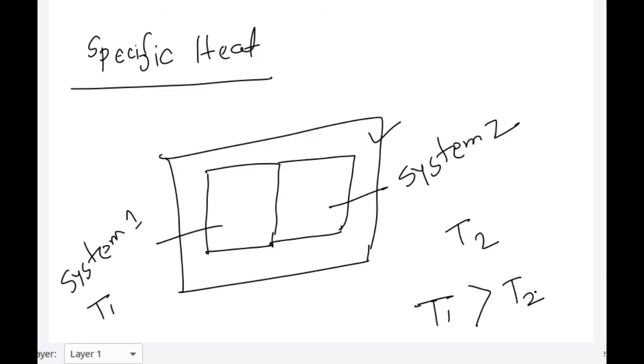At thermal equilibrium, system 1 and system 2 both have the same temperature. So at thermal equilibrium, the temperature of system 1 is less than its initial temperature and the temperature of system 2 is greater than its initial temperature.